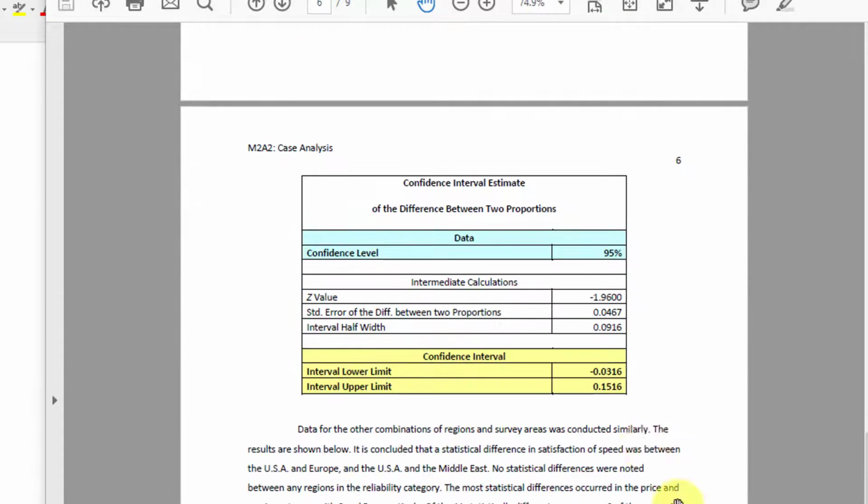And down at the bottom, he shows the confidence intervals that I asked him to get, and it shows that in this case, on the difference in proportions, the confidence interval includes 0, that's a minus 0.0316 to positive 0.15, so 0 is inside that confidence interval, which means statistically there is no difference in that particular factor.